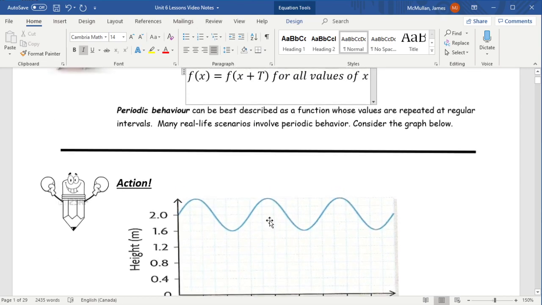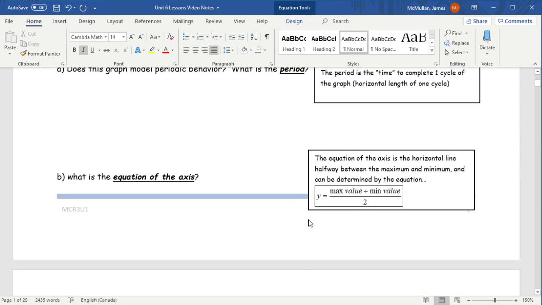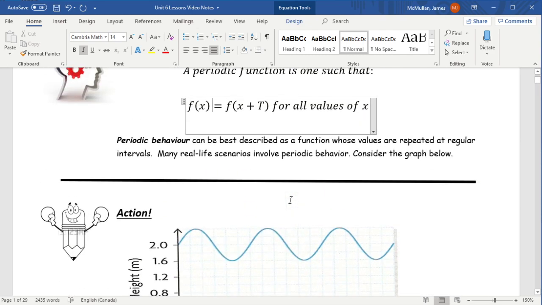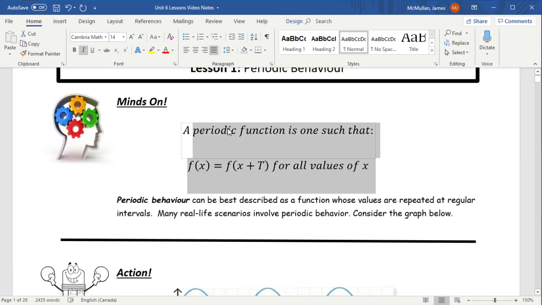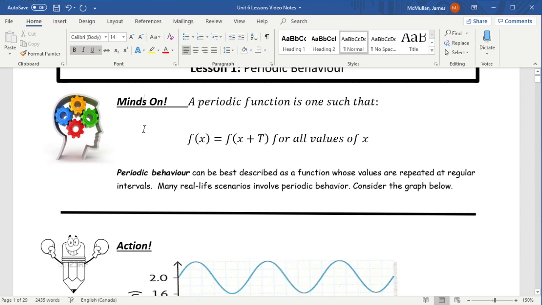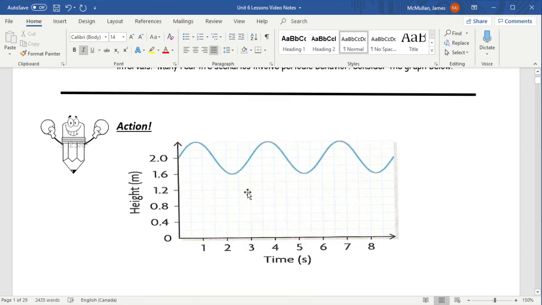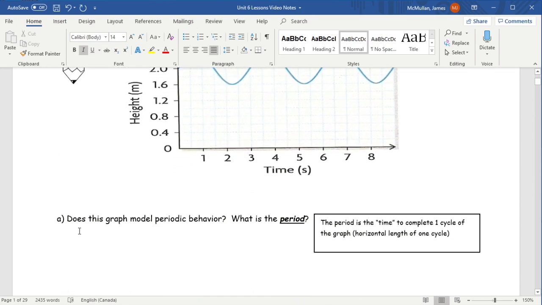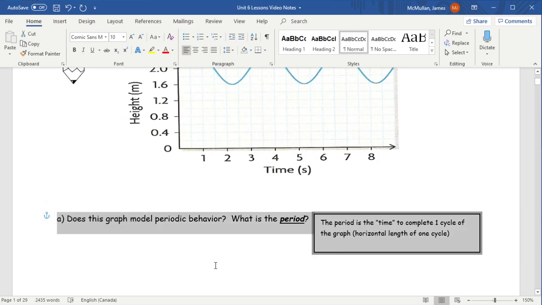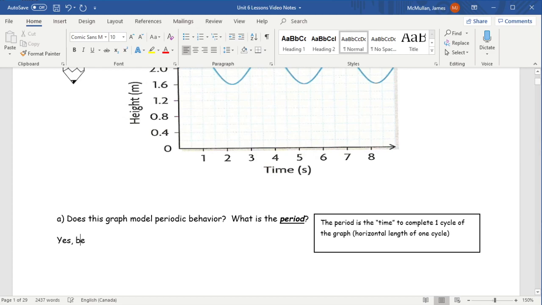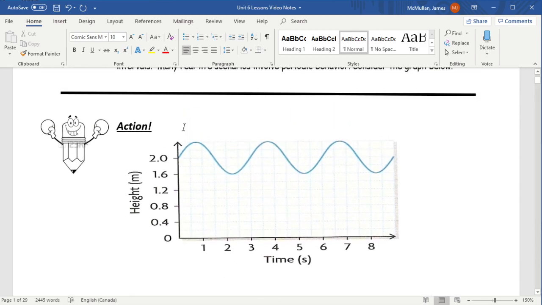Okay? So let's look at this graph now and analyze a couple of things about periodic behavior. What does it do, and how do we express it? It says, does this graph model periodic behavior? The answer is yes, because the graph continues patterns of y values every 4. Again, it's kind of hard to tell. Let's say every 3.